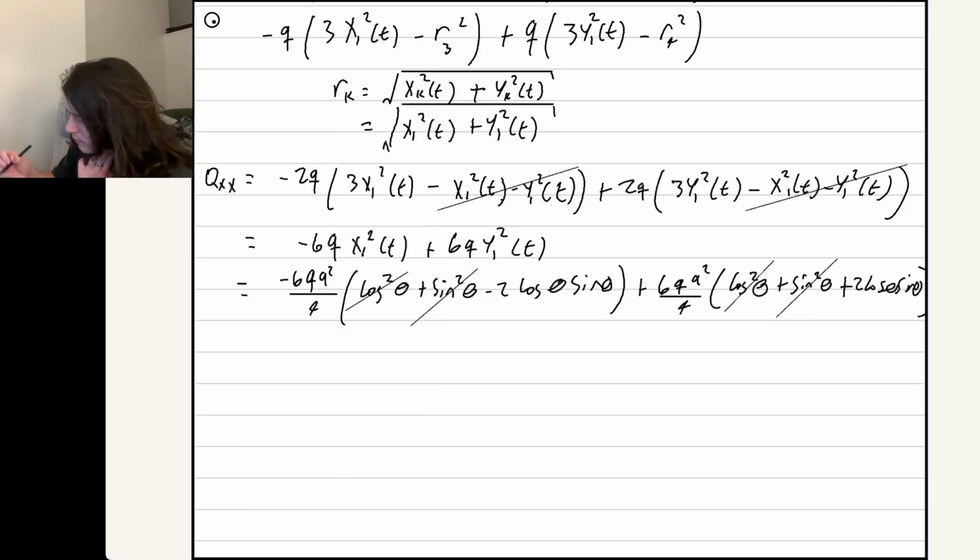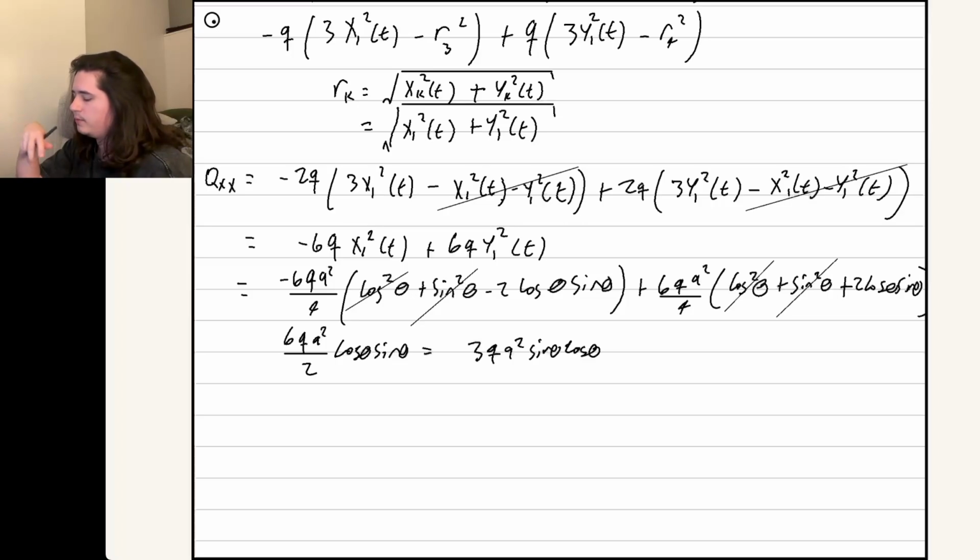You'll end up with an overall minus sign on the 6 over 4, so it's going to be 6 halves. 6qa squared over 2 times the, actually it's an overall plus sign, cosine theta sine theta, which is going to be 3qa squared sine theta cosine theta.